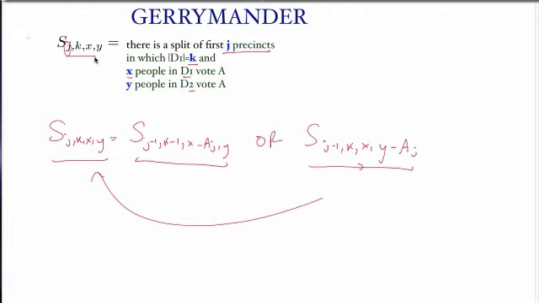The other way for it to be true is that you assign that last precinct J to District 2. In which case, for this to be true, you had to have k people in D1 already, x people already had to vote for A and D1, and then this many people had to vote for A and D2.